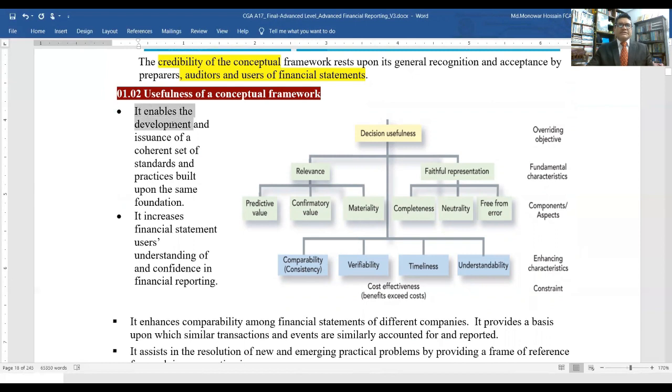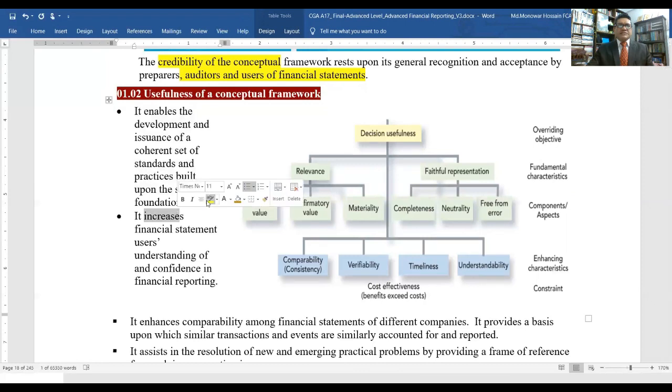The usefulness of the conceptual framework: it enhances the development and issuance of a coherent set of standards and practices built upon the same foundation. It increases financial statement users' understanding of and confidence in financial reporting.